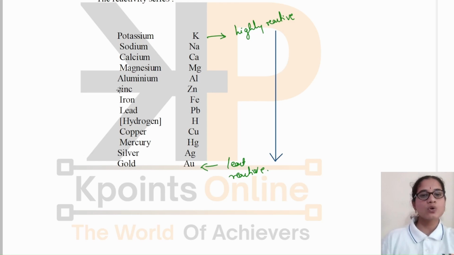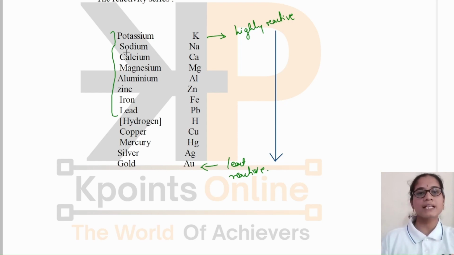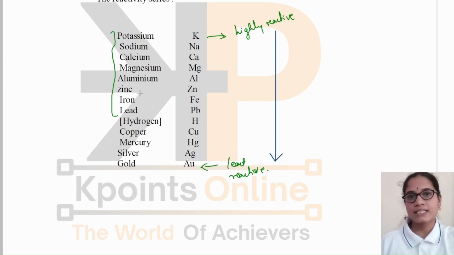Those metals which are placed above hydrogen can displace hydrogen from the acids, and when you make a metal react with the salt solution of metals placed below it, the displacement reaction occurs. And if the metal is placed below in the series, it will not displace the other metal from its salt solution.